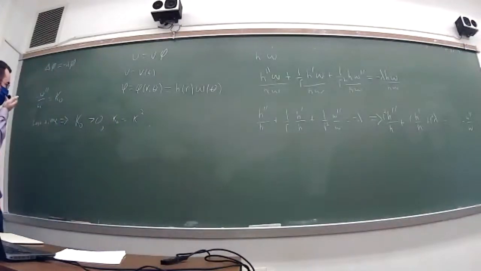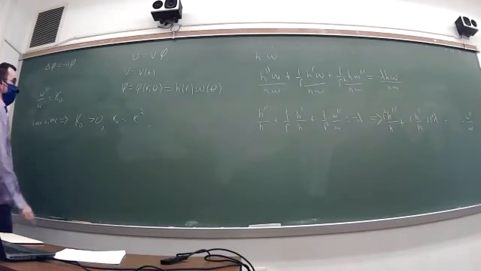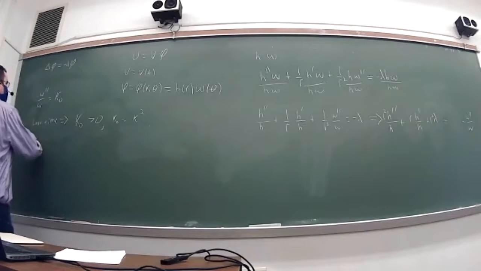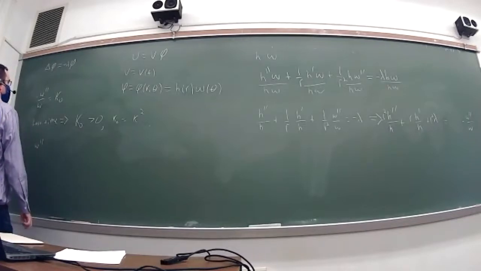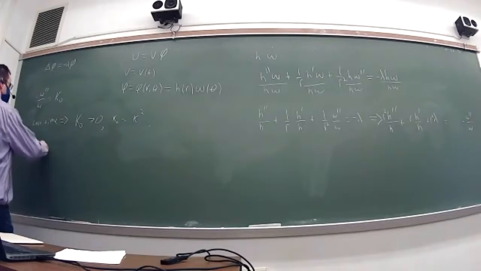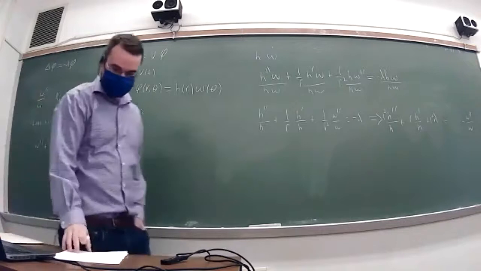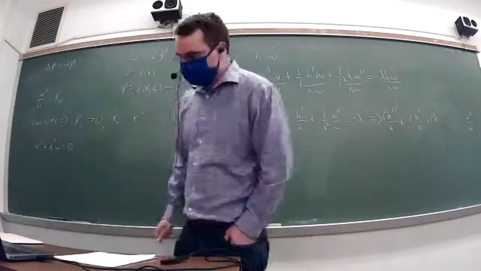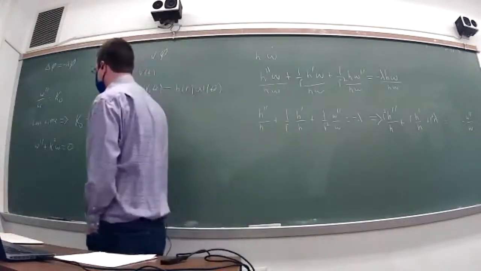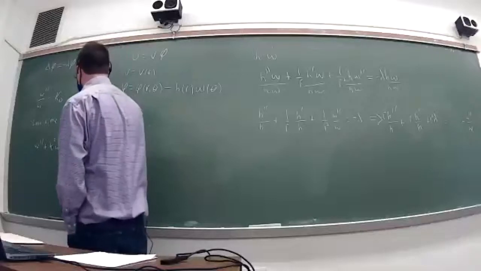Since it's a positive number, it has a square root, no problem. And then you want to solve this equation, which is omega double prime plus K squared omega equals 0. And then from ODE theory, let's write down the characteristic polynomial.